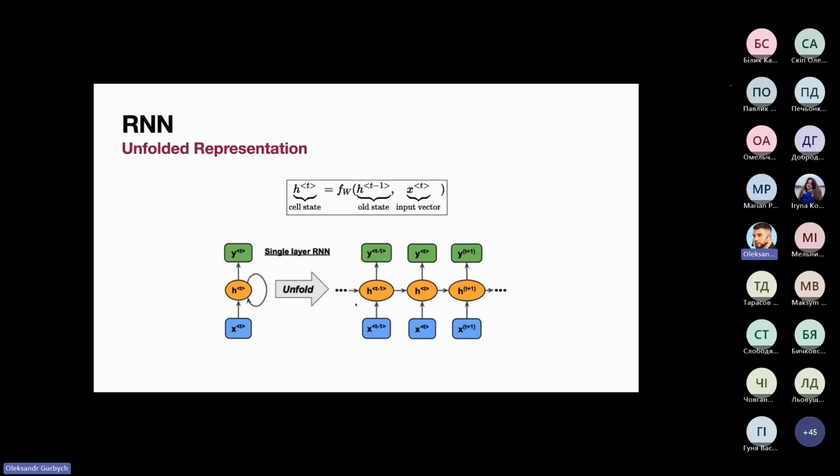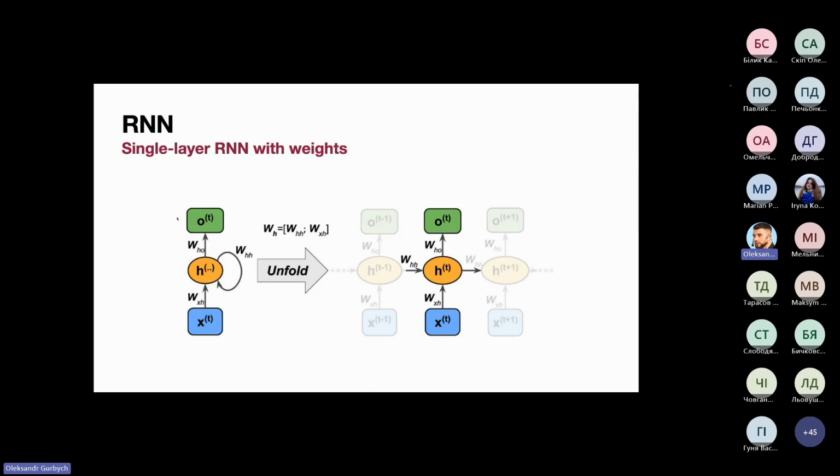So if we denote our network with weights, then you have 3 sets of weights. You have weights for inputs, let's call them W subscript XH. You have weights for outputs, the matrix of parameters, WHO, and you have weights for activations or hidden state.